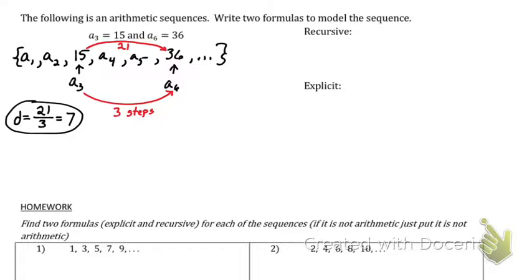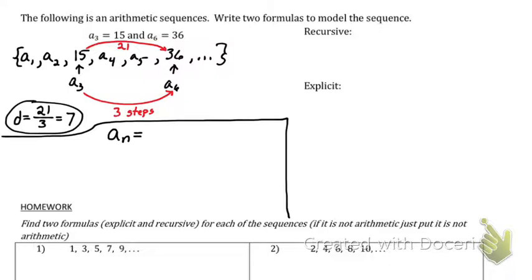The most efficient method is actually going back to the formula. So we already have our d. I'm going to cover that up. In this little section, we're going to find our a sub 1. And the way we're going to do that is we're going to write our formula. So remember, our explicit formula is a sub n equals a sub 1 plus n minus 1 times d.